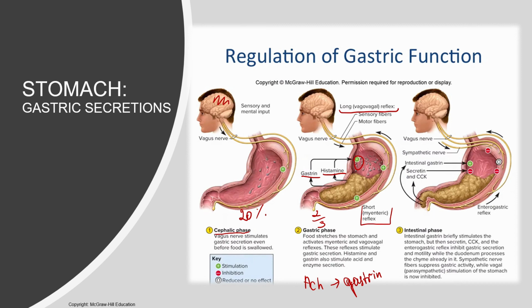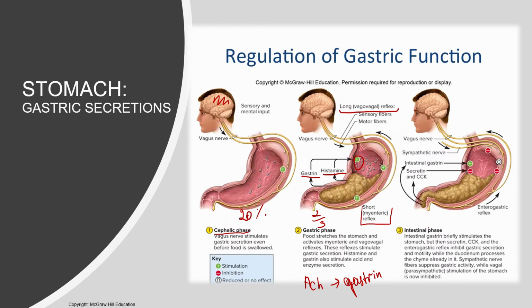If we go to the intestinal phase, which is the third and last phase, why intestinal? Because we are emptying our stomach into the duodenum. So the stretching of the duodenum enhances gastric function by the vagal nerve, as the chyme causes the secretion of gastrin, which stimulates the stomach.